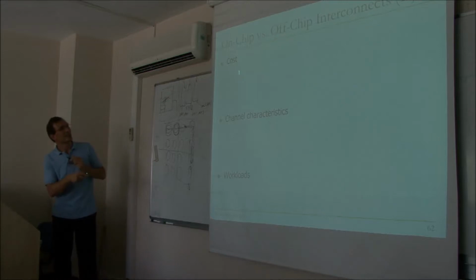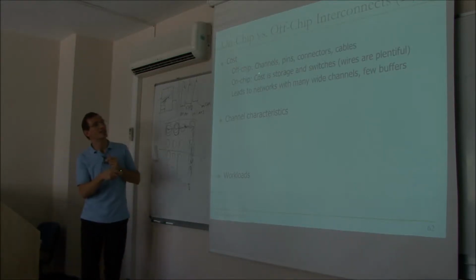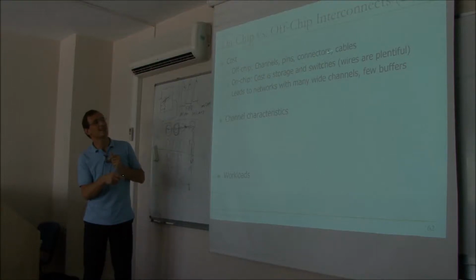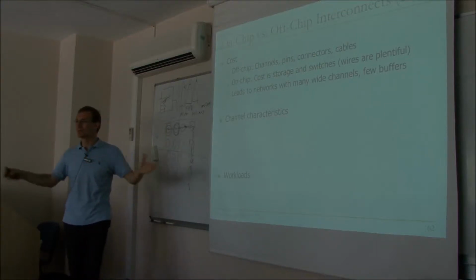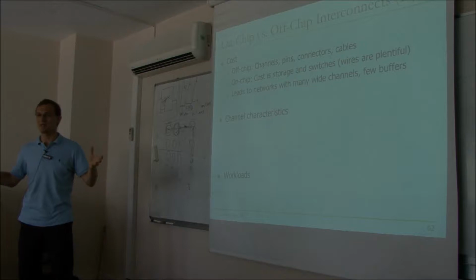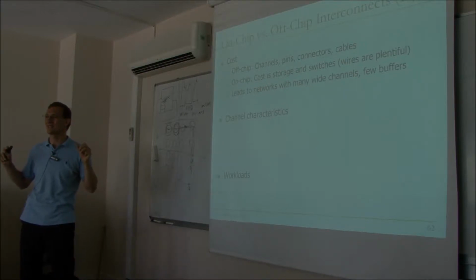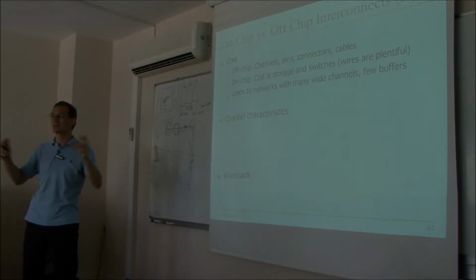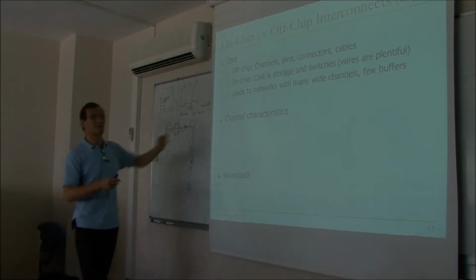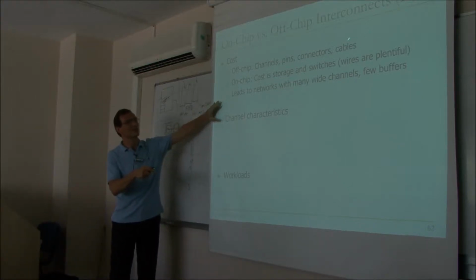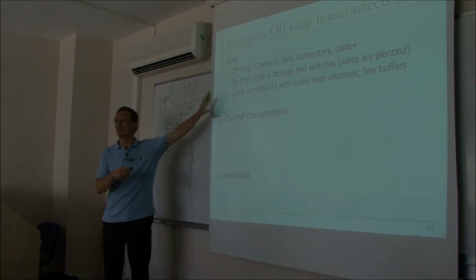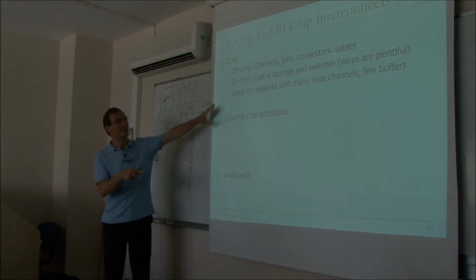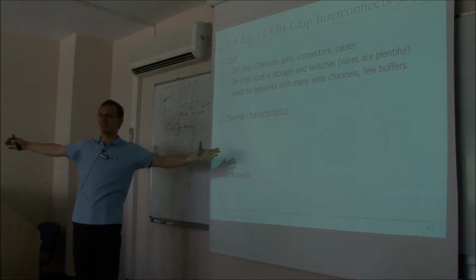In terms of cost, off-chip, costs come from channels, pins, connectors, and cables. If you follow the high-performance computing community, they have the top 500 supercomputers. Whenever you look at pictures of those supercomputers, maybe they've switched to optical interconnects now, which makes things different, but cabling is one of the hard parts of that interconnect design.